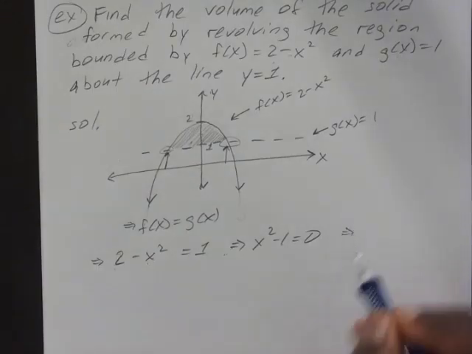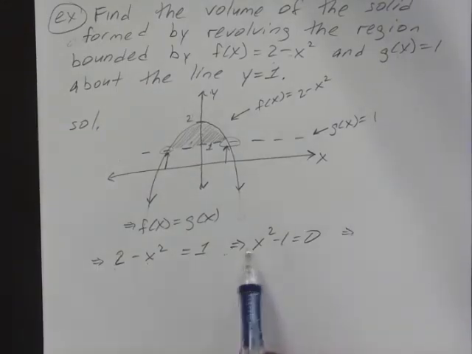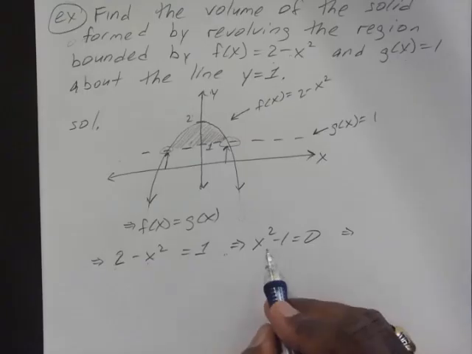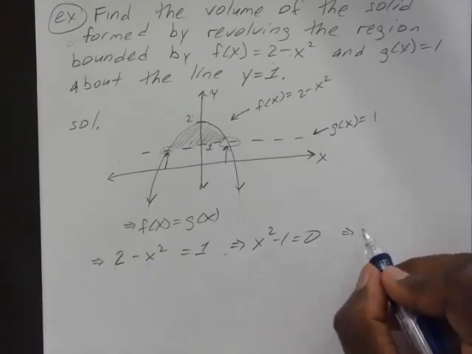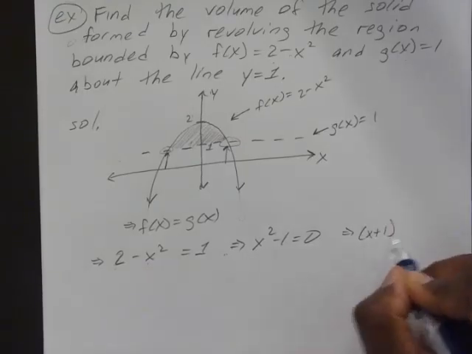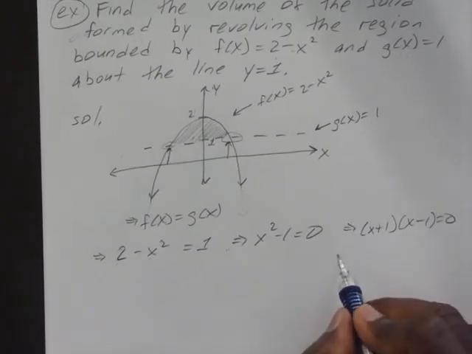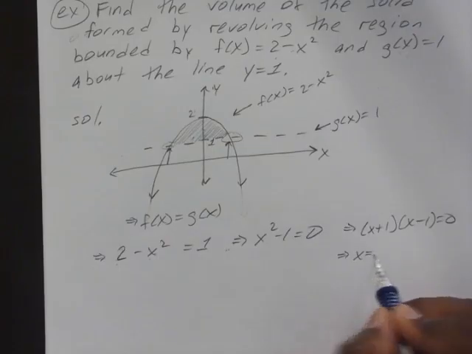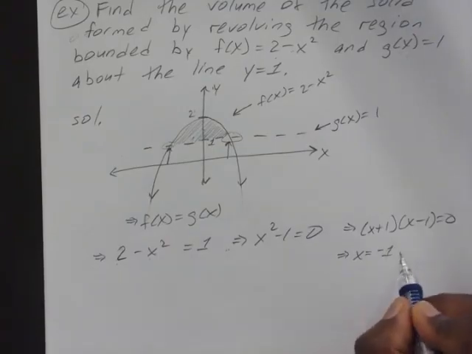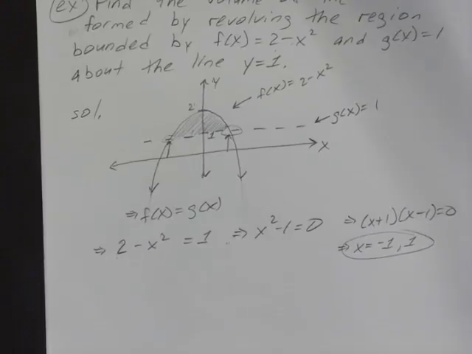You can use either the square root property or you can do difference of squares. Up to you, whichever method you prefer. Using difference of squares, this is just x plus 1 times x minus 1 equals 0, which means this is true when x is equal to negative 1 and positive 1. So we know this is our interval.